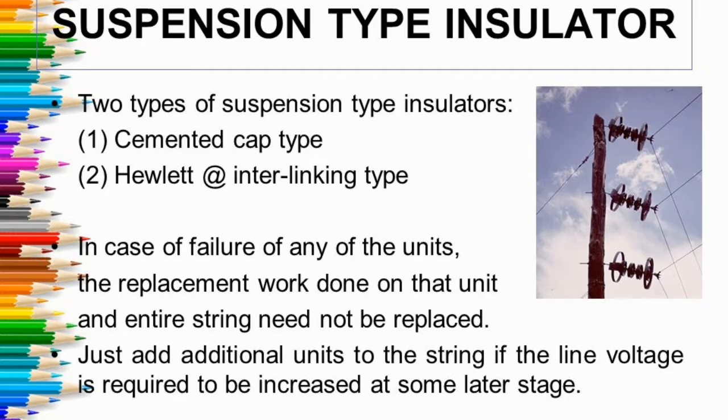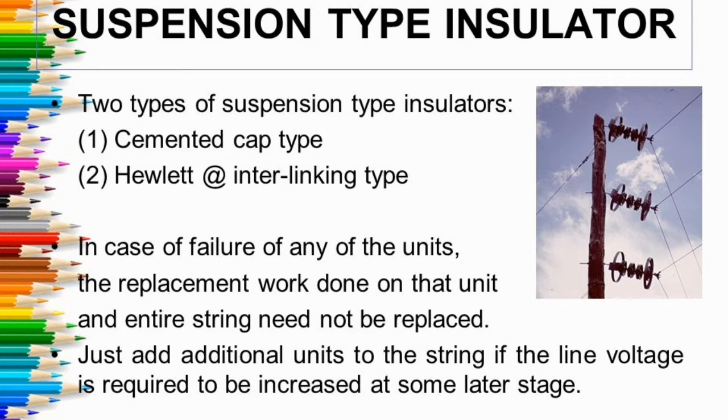Now coming to suspension type insulators, these are basically of two types. One is cemented cap type and the second one is Hewlett or interlinking type. In case of failure of any of the units, the replacement work is done on that unit and the entire string need not be replaced. Just add additional units to the string if the line voltage is required to be increased at some later stage.